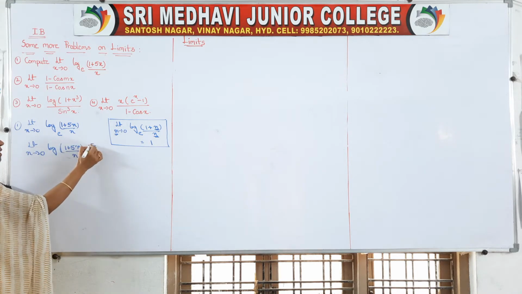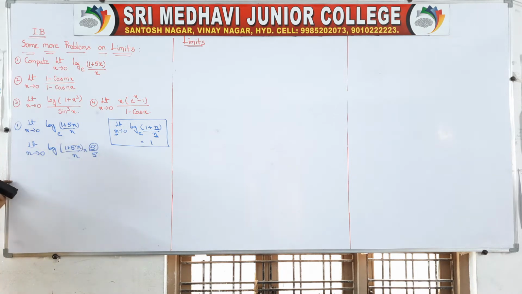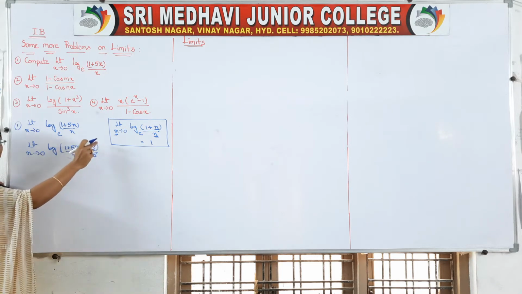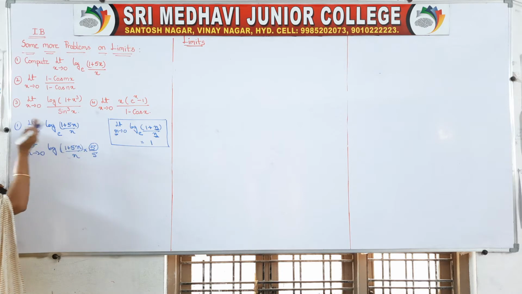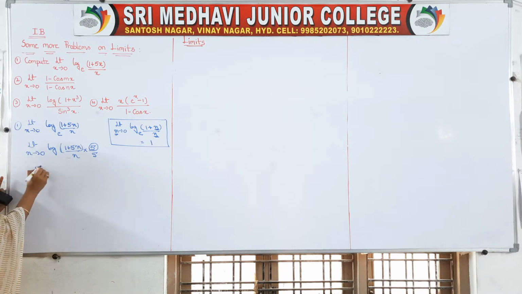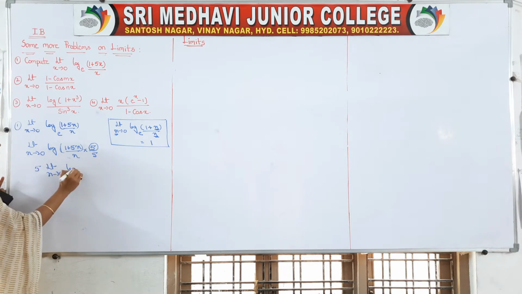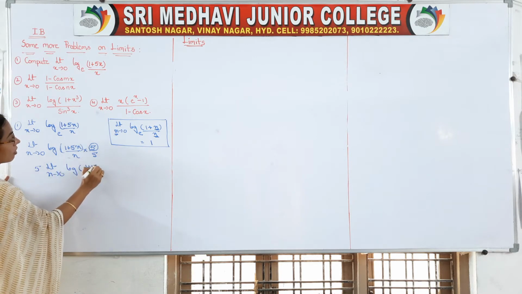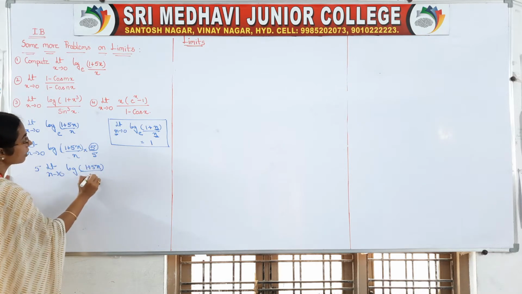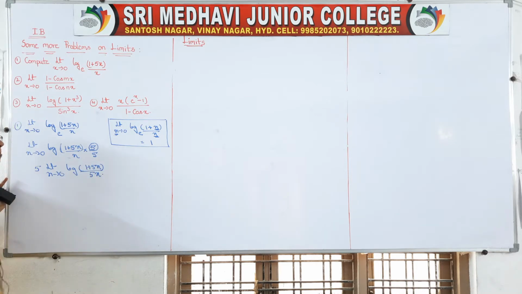This 5 is a number, it is a constant. We can write constants outside, right? So we can write 5 times limit x tends to 0 of log of 1 plus 5x by 5x.